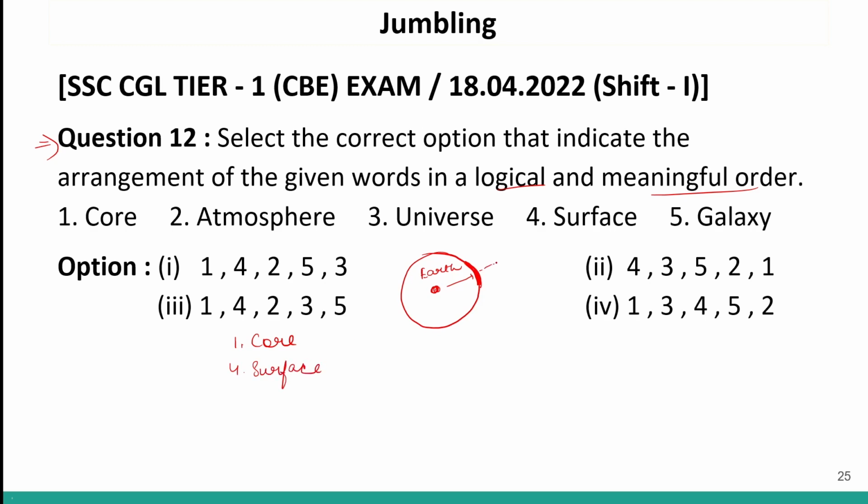After surface, if we move forward, we'll have here the atmosphere of the Earth. Now, if you keep moving forward, there will be other planets. We will have a galaxy. And if we keep moving forwards, there will be many galaxies in the universe.